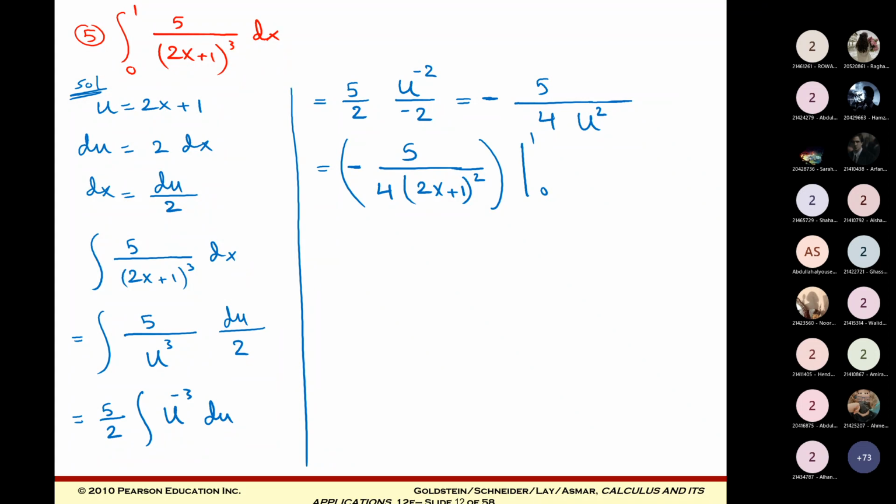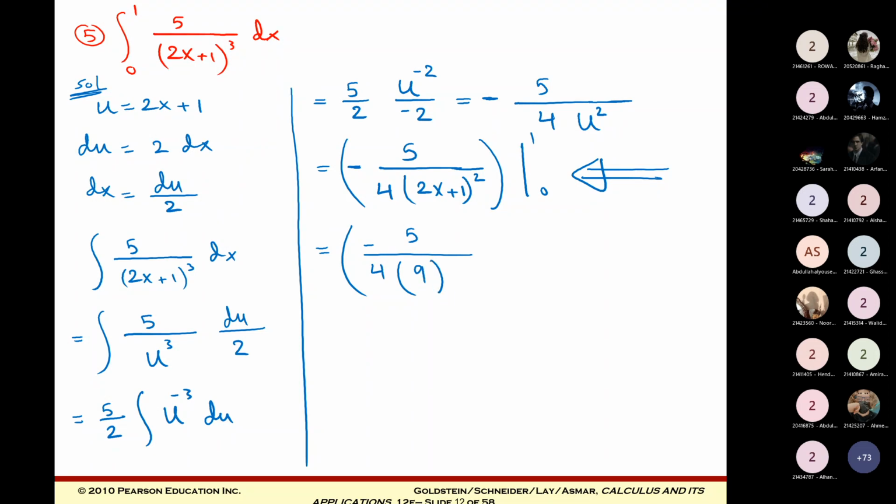After that, after returning to x, here we can substitute 1 and 0, which are already given in the example. Okay, now substitute 1: negative 5 over 4 times (2 multiplied by 1 plus 1) to the power 2, which is 3 squared equals 9.